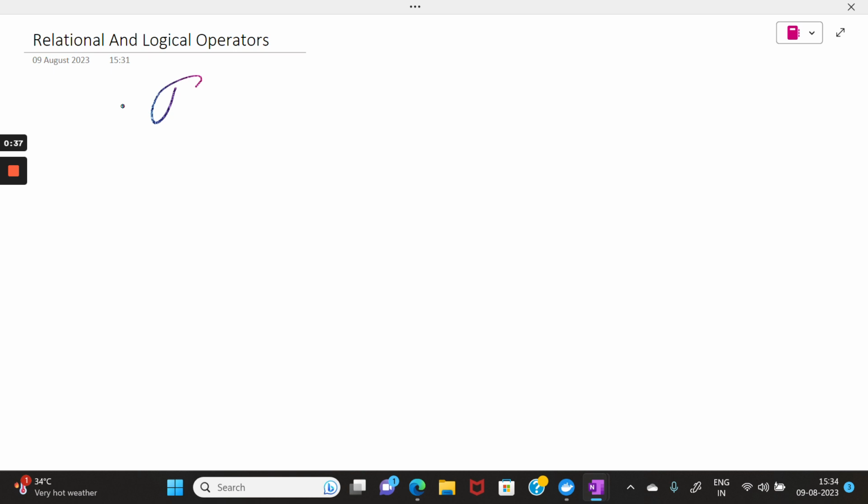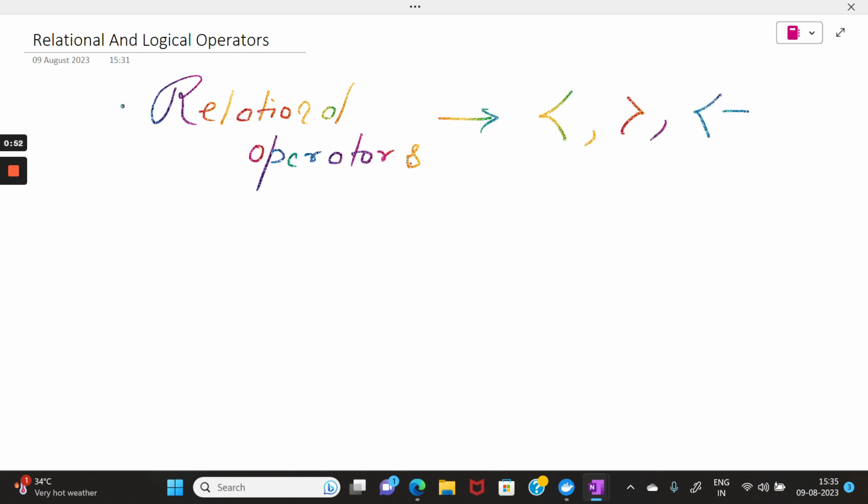Before starting, let's see what these operators are. If we talk about the relational operators, first we'll discuss the relational operators. The relational operators could be greater than, less than, greater than or equal to, less than or equal to. It could be not equal to or equal to equal to.